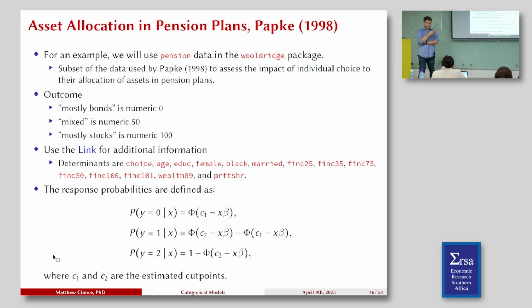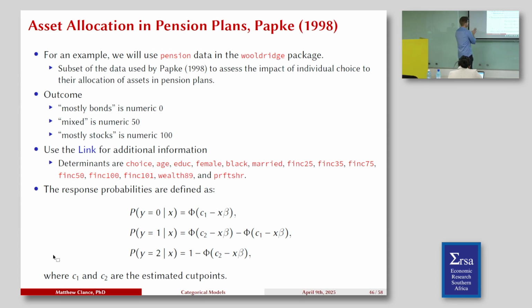Most people would order these in a very similar way in terms of some form of risk, I guess you would call it. You could think about it in a different way as well. And then we have our determinants, which are, do I have the choice or not to make my choice in terms of allocations?